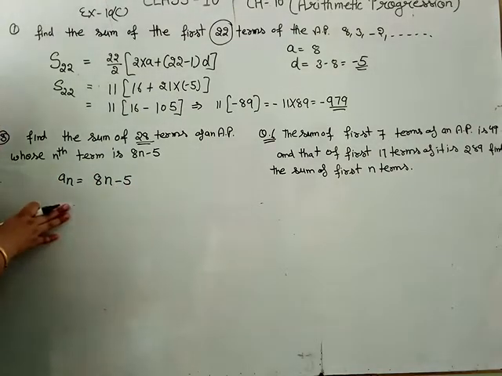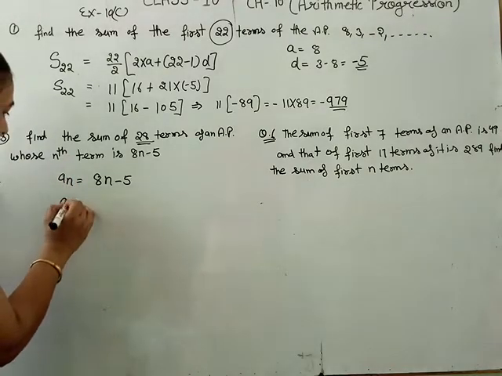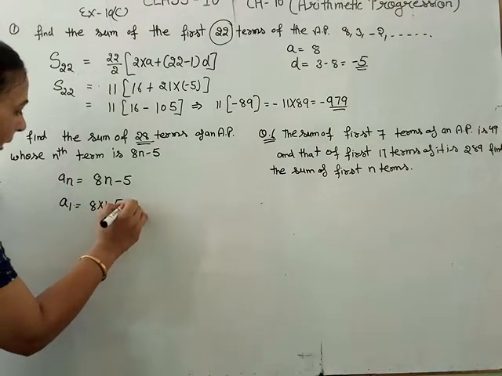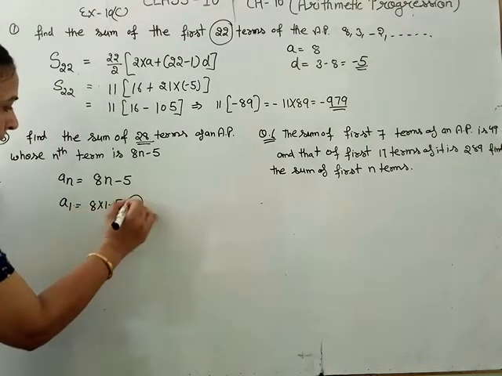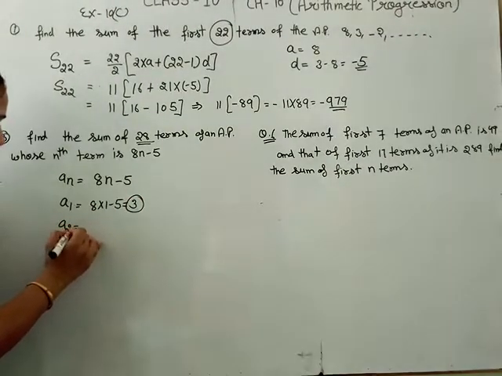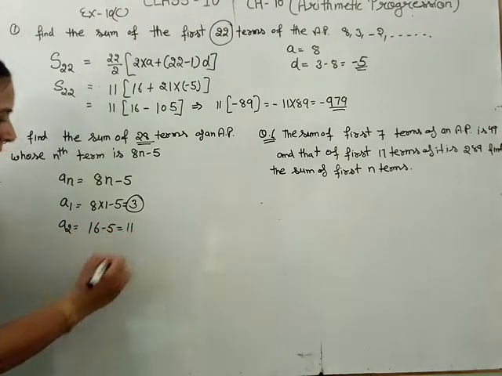From this nth term we find the first term and common difference. If in place of n we write 1, the first term is 8 into 1 minus 5, which is 8 minus 5, so the first term is 3. Then we find the second term: we put n equal to 2, so 8 multiplied by 2 is 16, minus 5, and this equals 11.